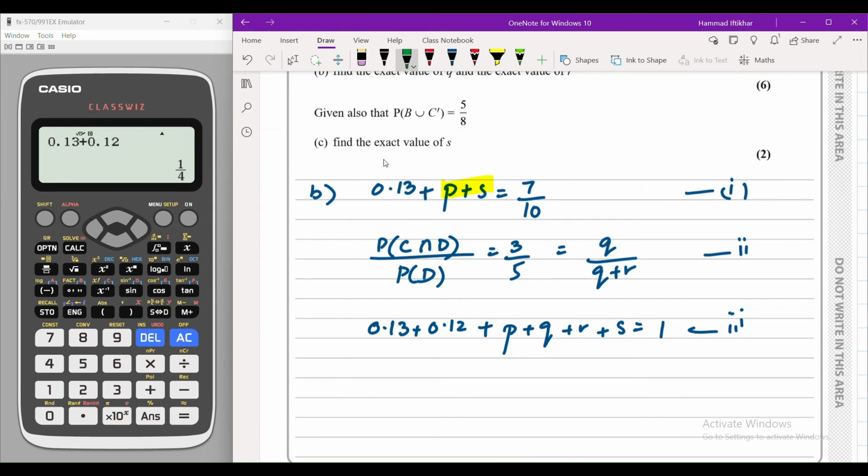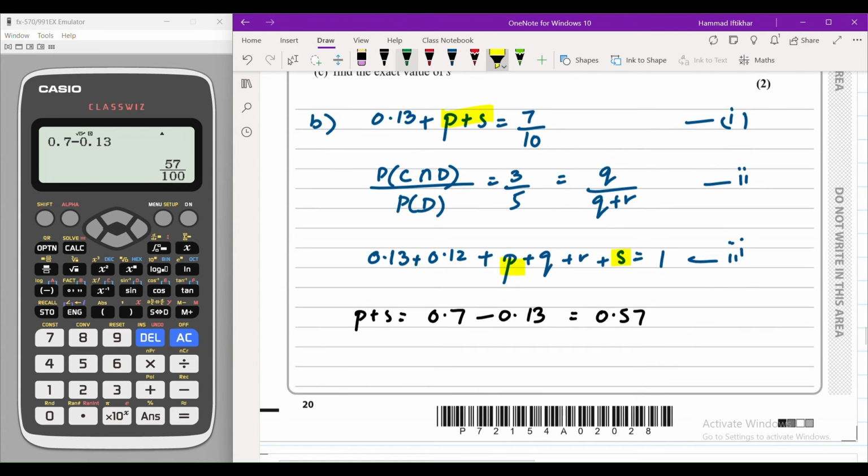So P and S will be 0.7 minus 0.13, that is 0.57. Now, from the first equation, and now the third equation, when we plug in the P and S, this becomes 0.25 plus 0.57 plus Q plus R equals 1.